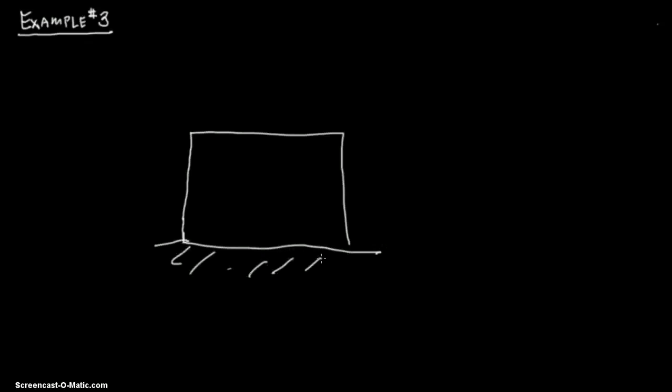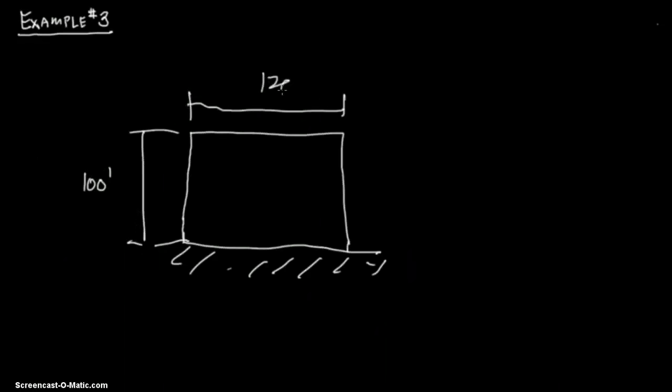So first we're going to go ahead and draw the supposed building. It's 100 foot high, 120 foot long, so this is just a general sketch. There's your ground line, 120 foot long, 100 foot high, and you don't have to sketch this out, there's no reason to really.